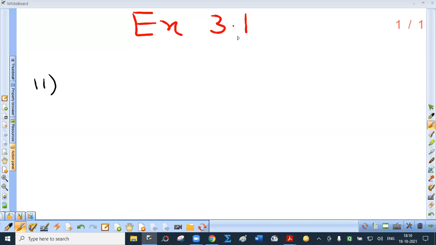Repetition is not allowed. And number should be greater than 400.